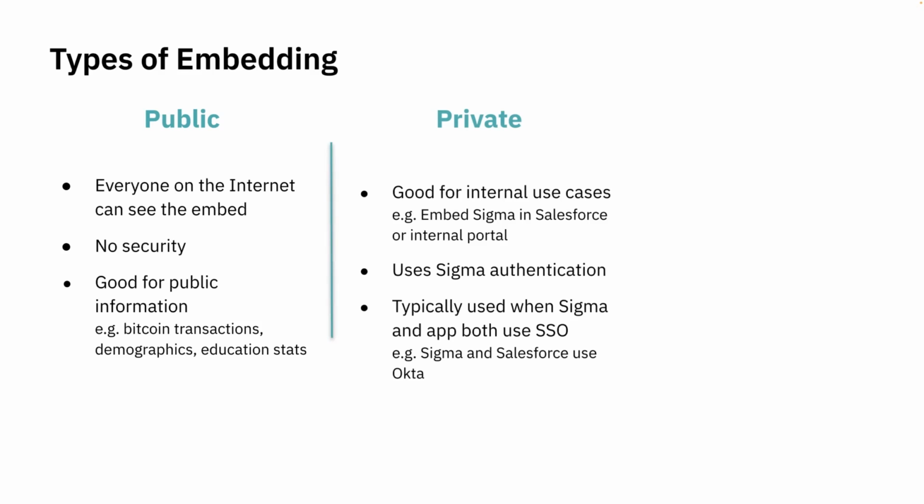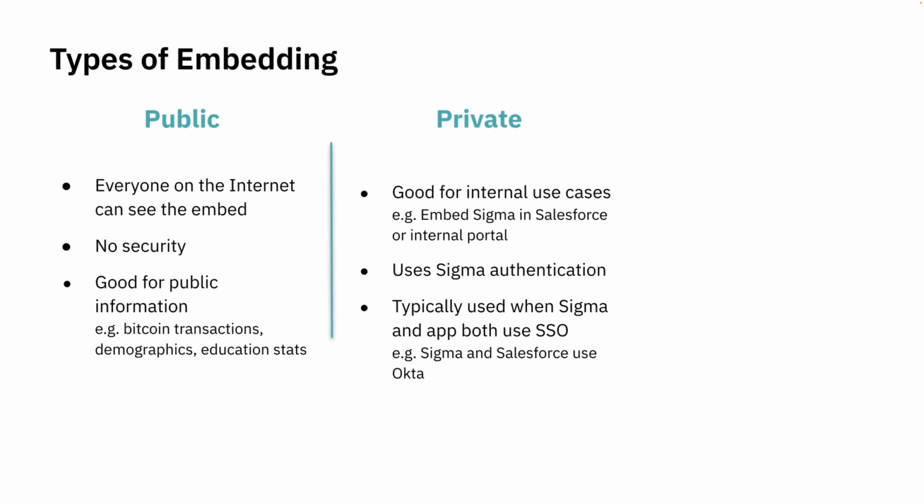The second kind of embedding, there's three total here, is private embedding. And private embedding is mainly designed for internal use cases. For example, you may want to embed Sigma inside of Salesforce, or Sigma inside of Jira, or some kind of application you have internally.